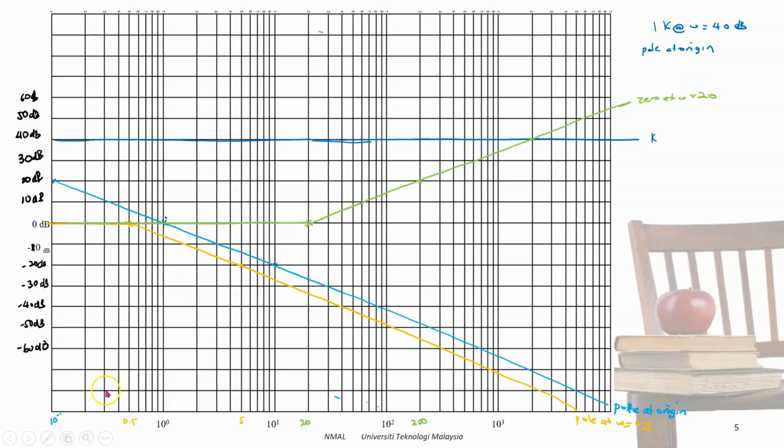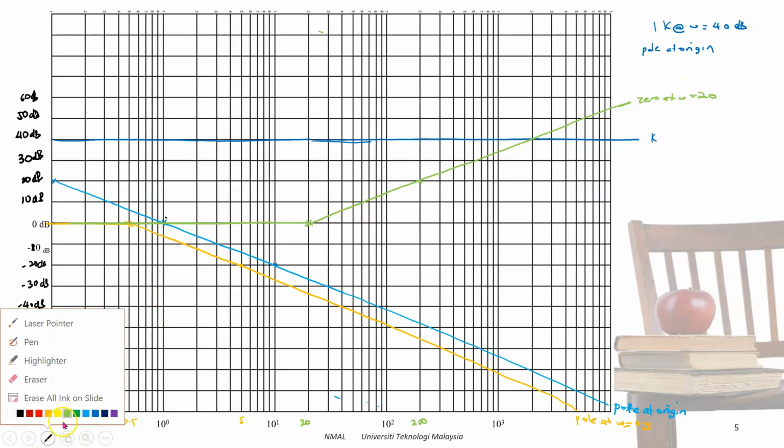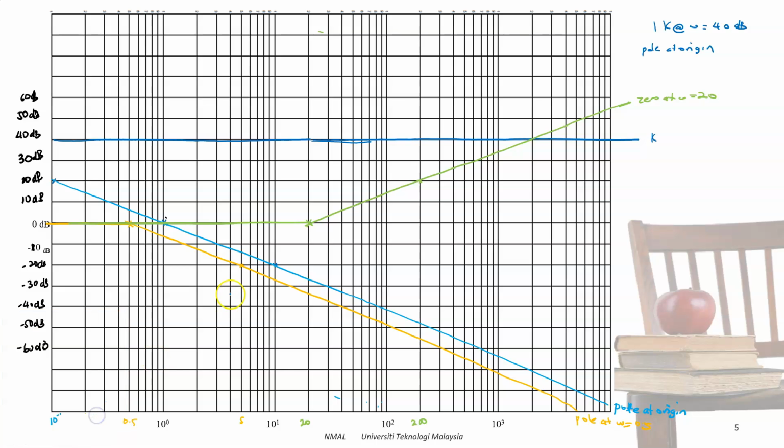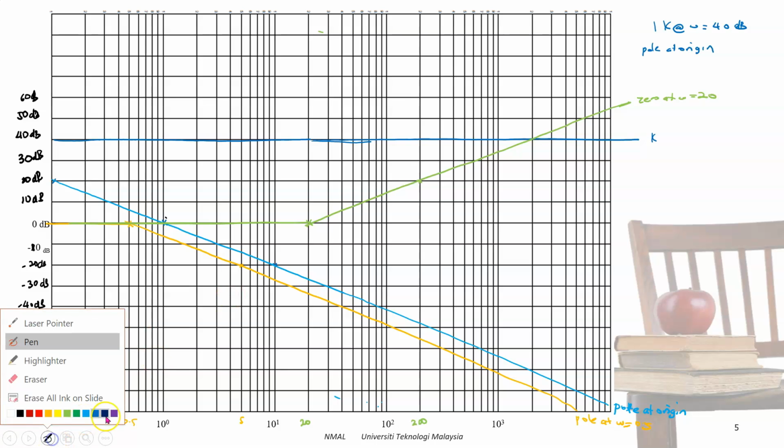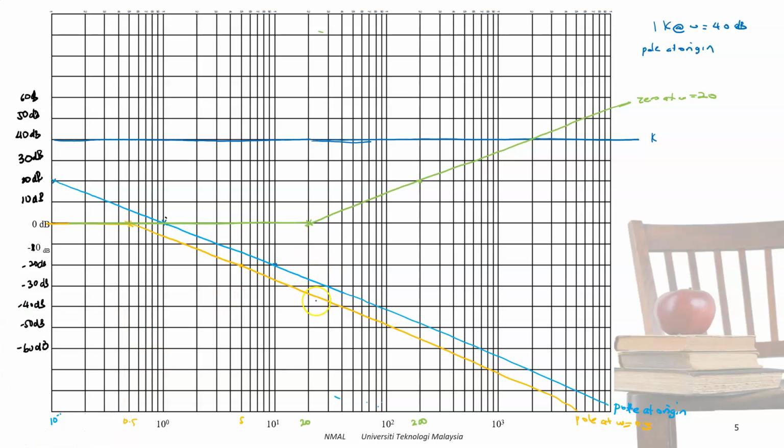Finally, the next plot is at omega equal to 40, in this purple color. So this is 20, 30, 40.